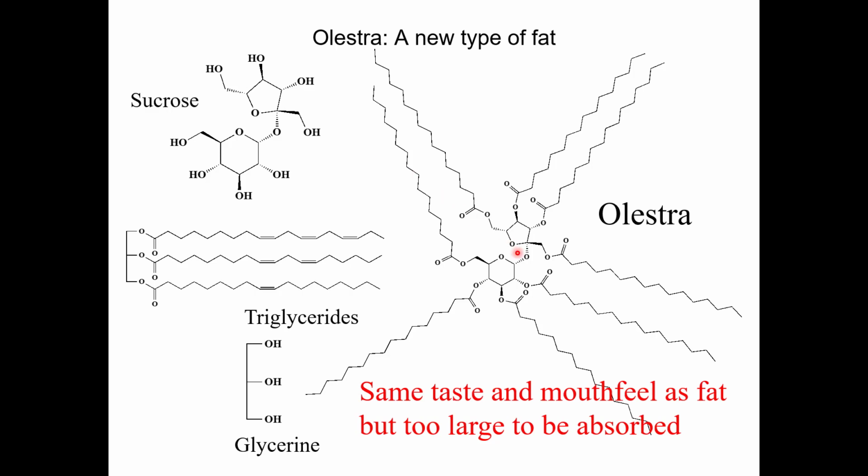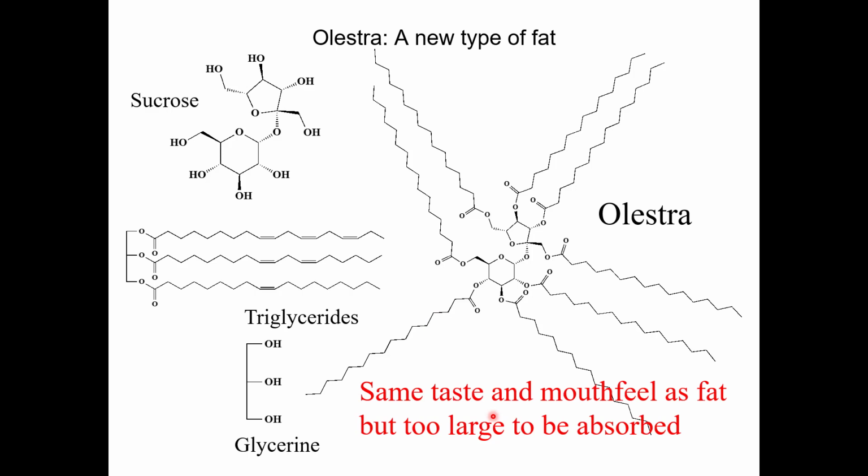But olestra was a fat replacement, so it still behaved like a fat, and it had virtually no taste, so it was almost like a vegetable oil. It was a low calorie fat replacement compound that your body would not be able to digest in any way. And so it was really attractive for diet foods and low calorie foods. It was most commonly used in low calorie potato chips.